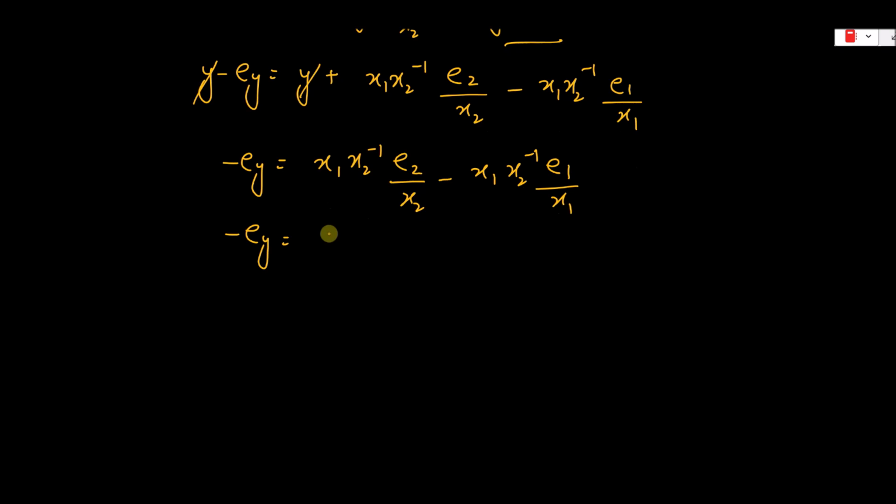So it becomes e2 x1, and in the lower side we have x2 and x2, minus we have e1 x1 over x1 and x2.